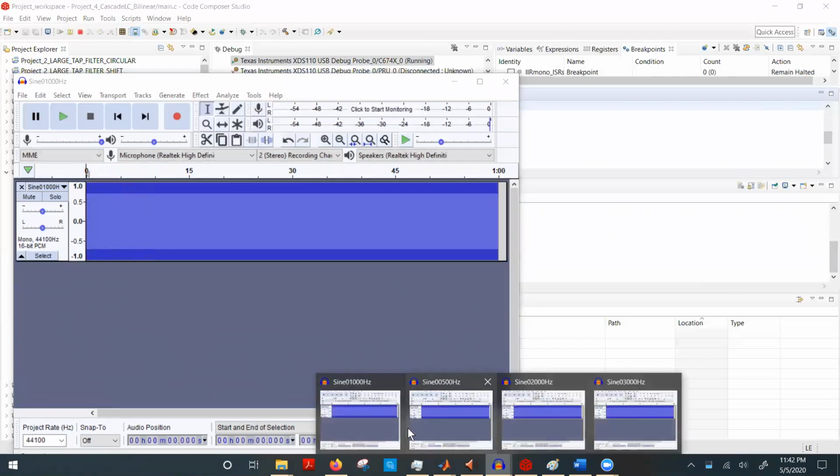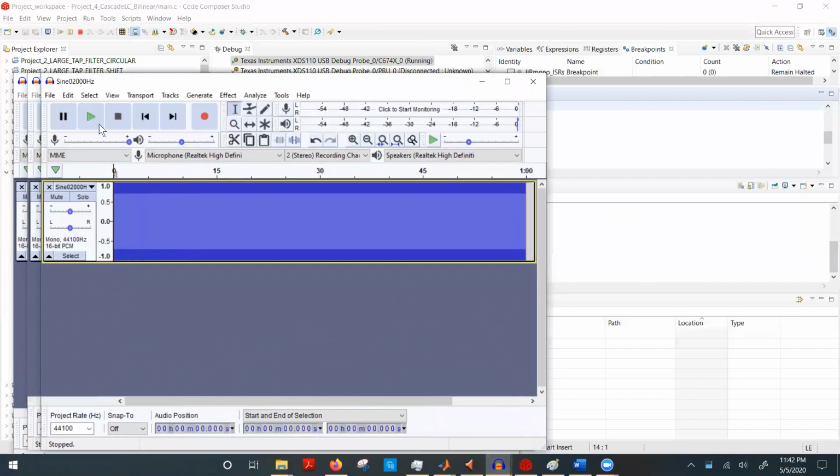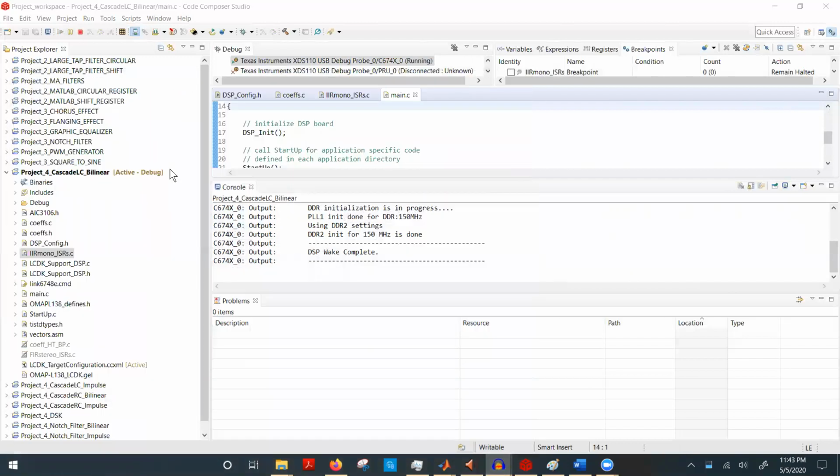And then if we put in a 500 hertz signal, we'll be even more attenuated. Oh, I can't even hear it because it's so quiet. But if I send in a signal like 2000, you can hear it clearly because this is in the passband. So this is going to be our bilinear transform filter.